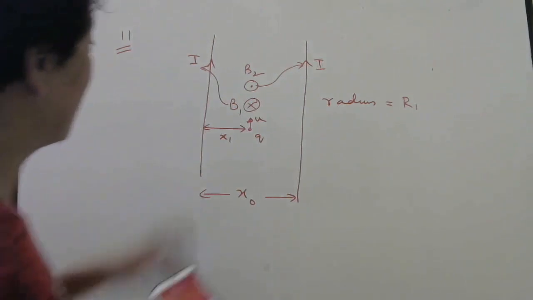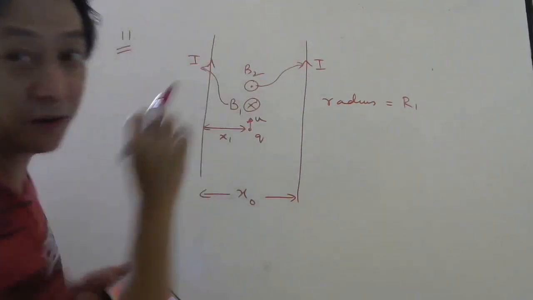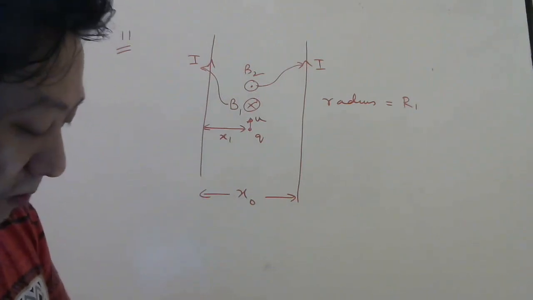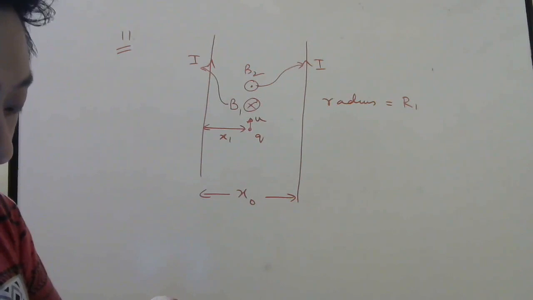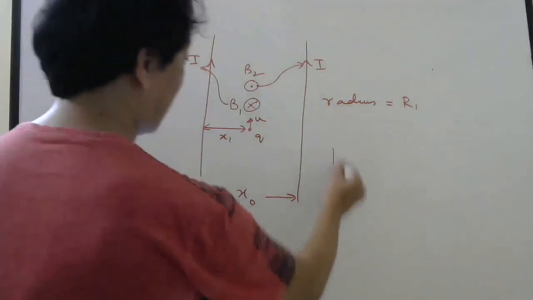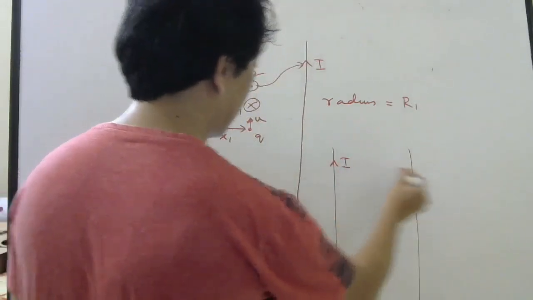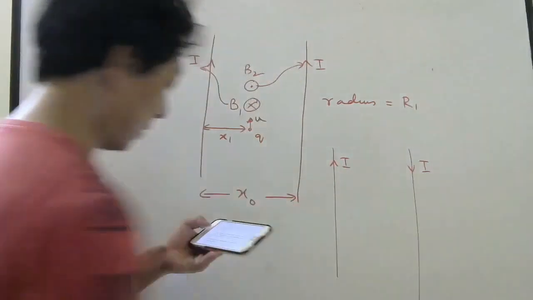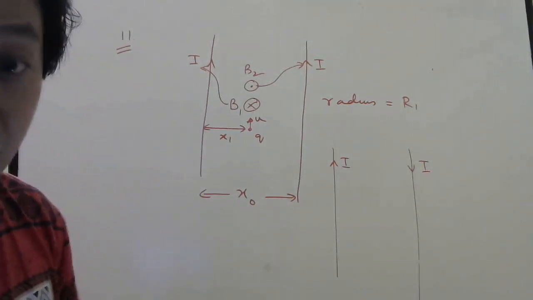So the radius of curvature is given as r1, when the currents are in the same direction and it is moving at a distance x1 from one of the wires. Now, in contrast, if the currents in the two wires are in opposite directions, the radius of curvature is r2.